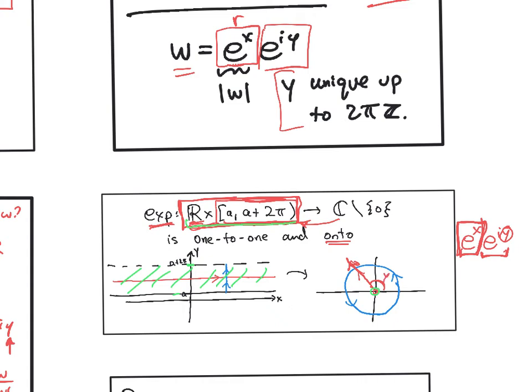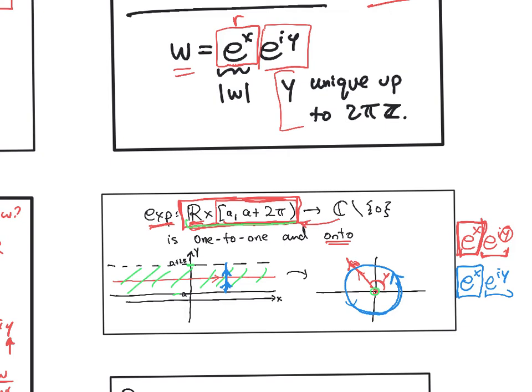On the other hand, if I look at a vertical line, which I've drawn in blue, this is where I have x fixed, and that means we're at a fixed radius, and we have to hit all points with that radius, so we parameterize the entire unit circle with a vertical line right here.